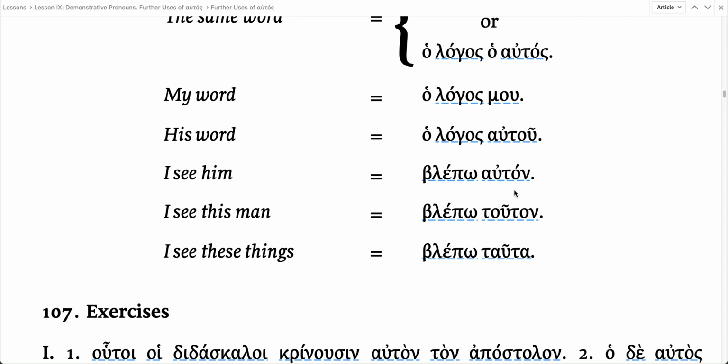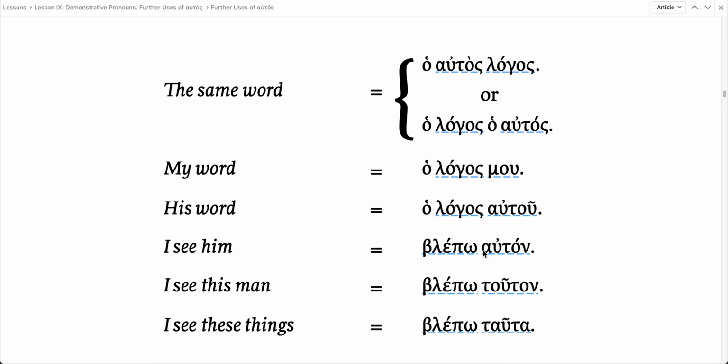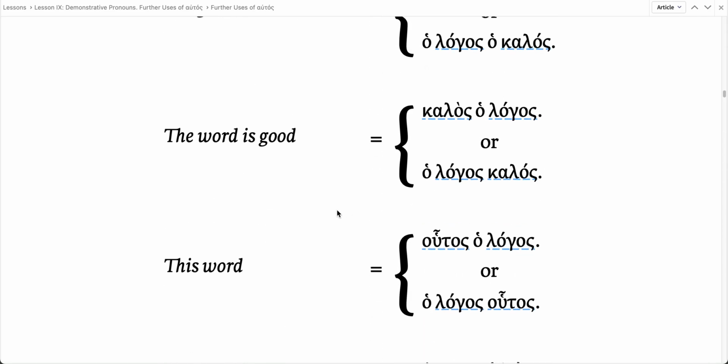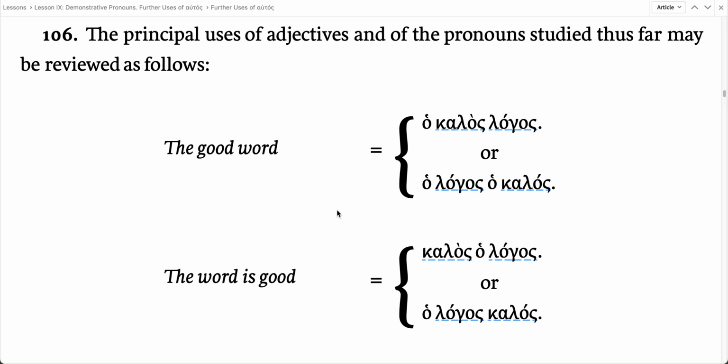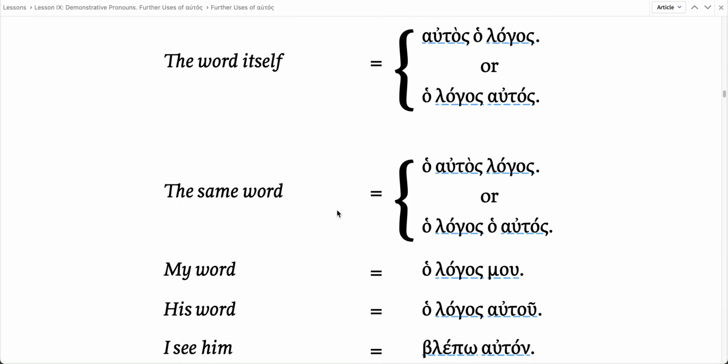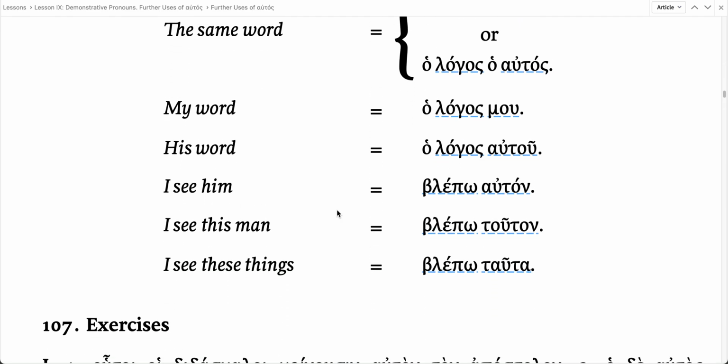Auton is I see him, that's just functioning as a pronoun in the accusative position. This is a pronoun functioning as a possessive because of its genitive use. I see this man. I see these things. This is just some summaries of that. So you have the different uses of adjectives and pronouns that we have seen up to this point. That's just a summary paragraph to bring it all together.